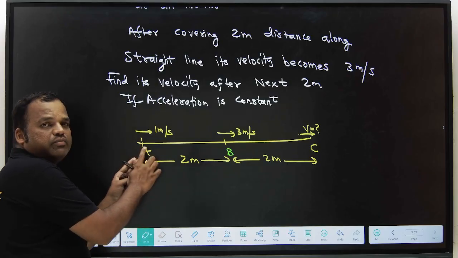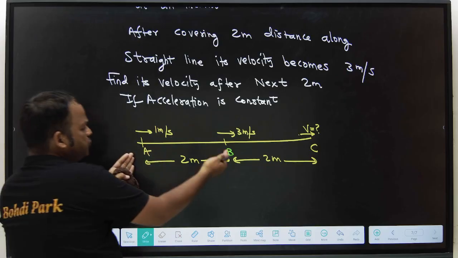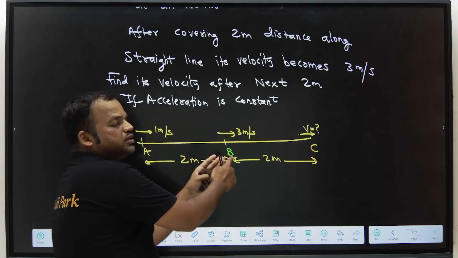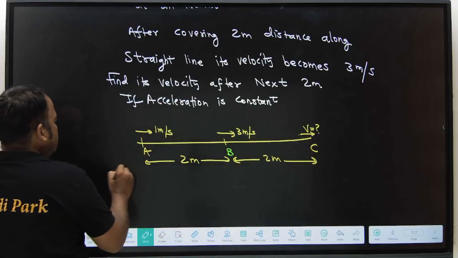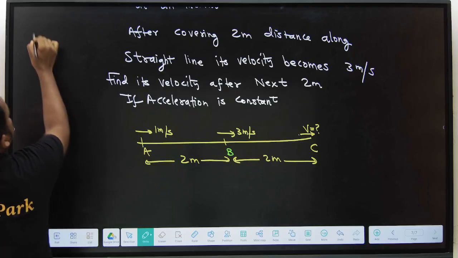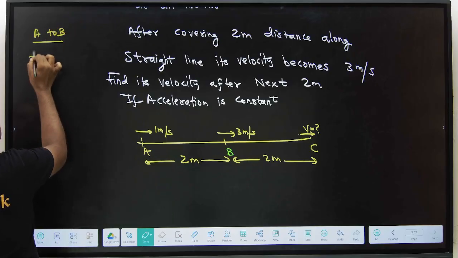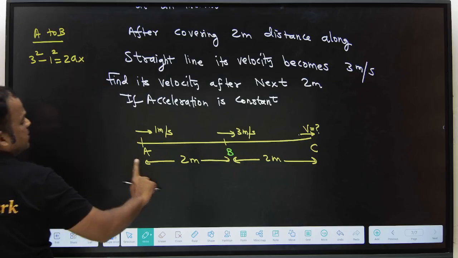Now, one time we will use v square minus u square is equal to 2as from A to B, and second time we will use v square minus u square is equal to 2as from B to C. So when you use from A to B, we get v square minus u square is equal to 2as, s is equal to 2 meter.